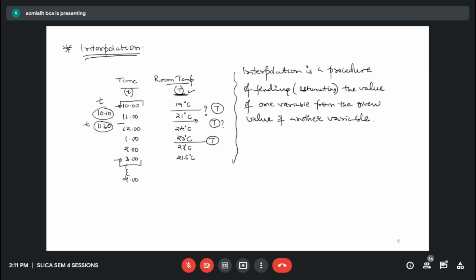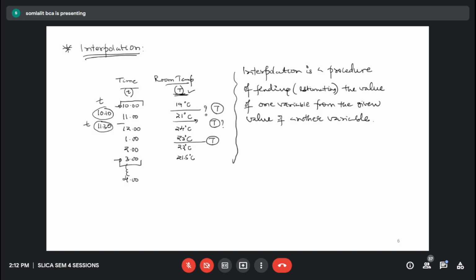Here we are not talking about outside the range. Within the range, if you are given one non-tabular point, then you can estimate and predict the value of the other variable within the range of the given data set.